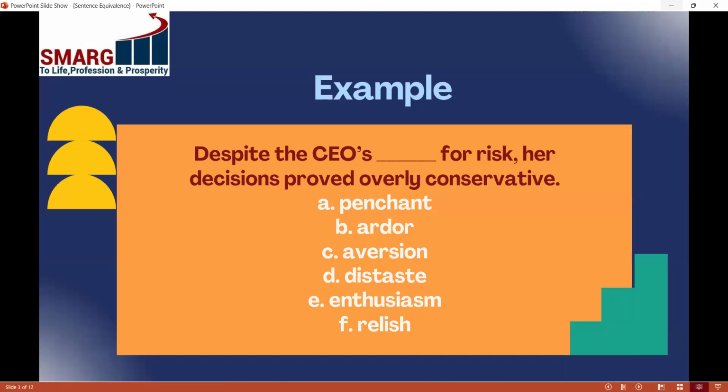You like to do that. So penchant and relish. So she enjoys risk-taking behavior. She likes it. Then, of course, the sentence goes on to talk about how that happened to be a contradiction because despite that, whatever decision she must have taken would have been pretty traditional and it did not come off as a surprise. So understood what happened?